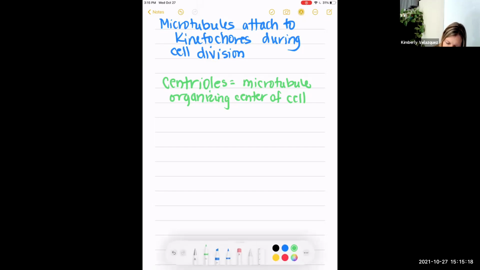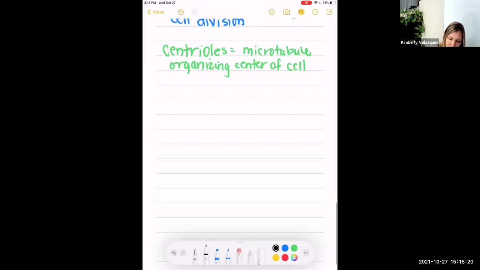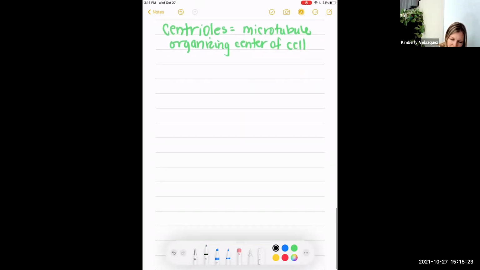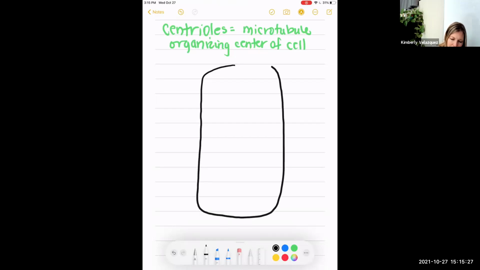I'm going to draw a picture of that for you right now. Let's assume this is a cell. And it's getting ready to divide. And so the nuclear envelope has broken down and it's starting to disappear.